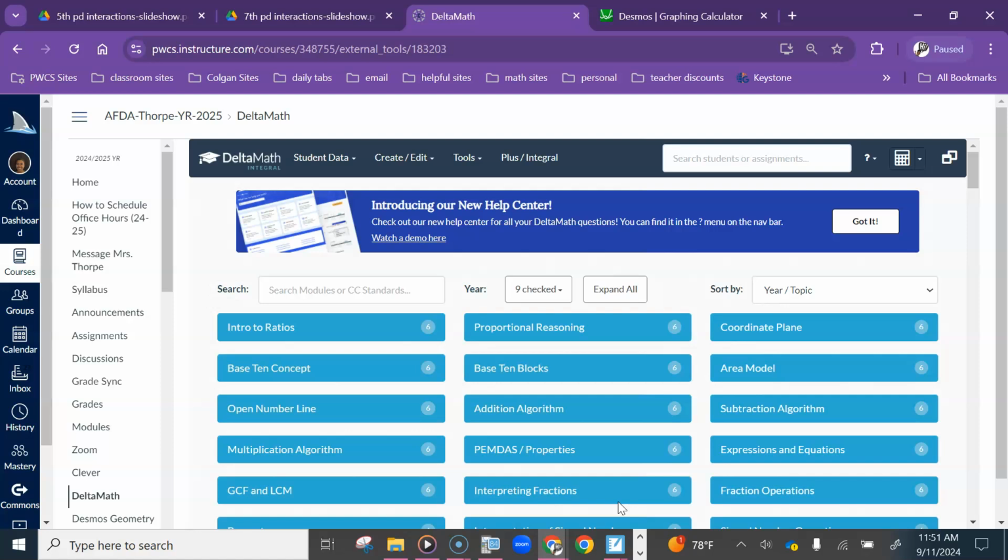Anyone not see the additional practice when you clicked on this side? Over here.